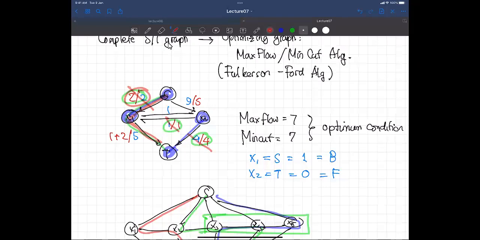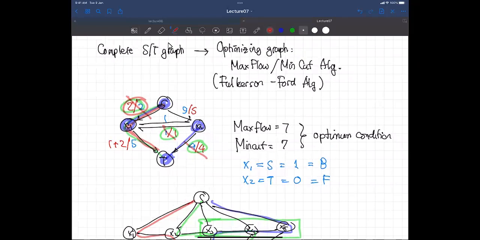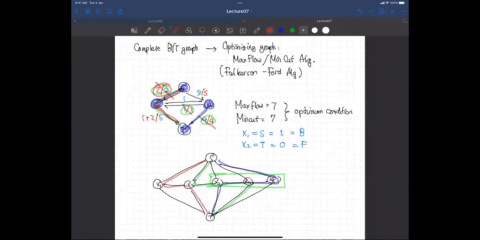So this is much more sophisticated in terms of application, but more importantly also mathematically. Any questions?